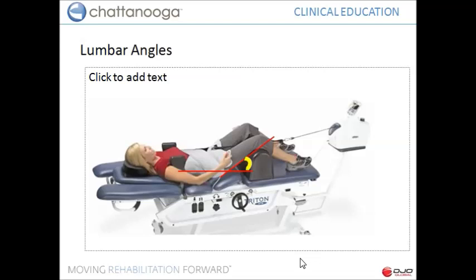So the benefit of this is it actually reduces compressive forces and thereby can reduce the amount of tension or distraction force that would be required to create some degree of separation, or if you're attempting to perform decompression or creating negative intradiscal pressure.